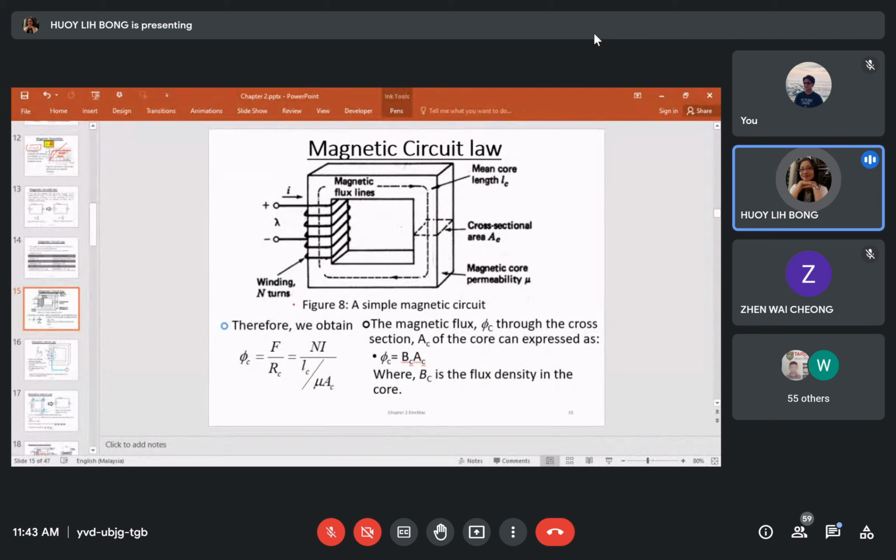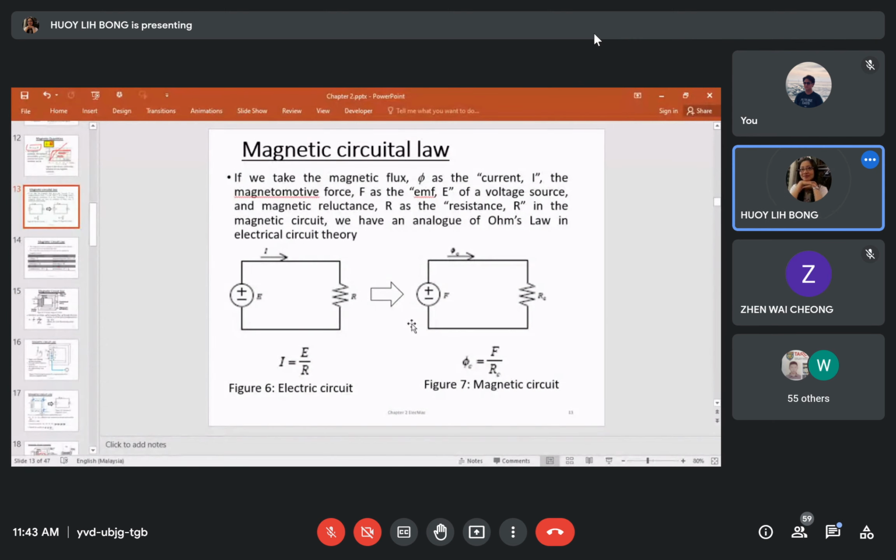I prefer mesh analysis, because nodal has more steps. You need to see all the nodes, all the current flowing in or out, so you make more mistakes.